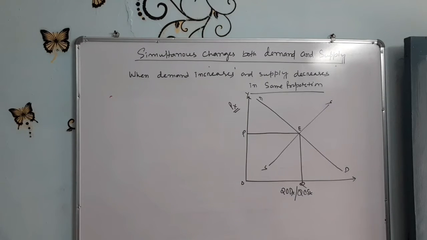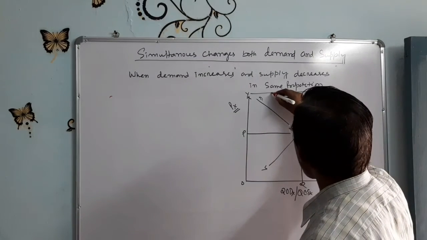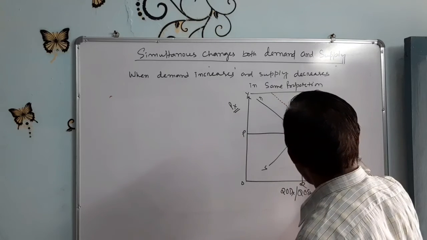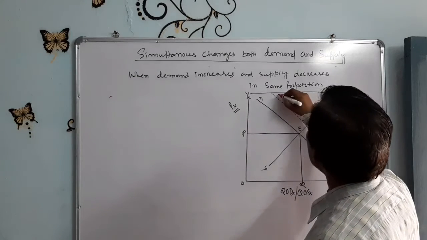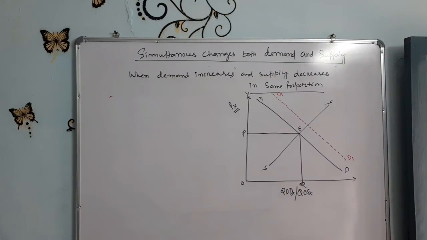We'll discuss when demand increases. Demand increases means it will shift toward the right. So D1 is the increase in demand curve. Demand increases and supply decreases.